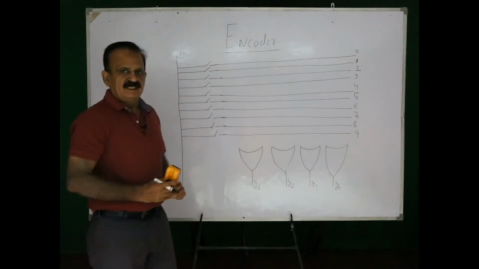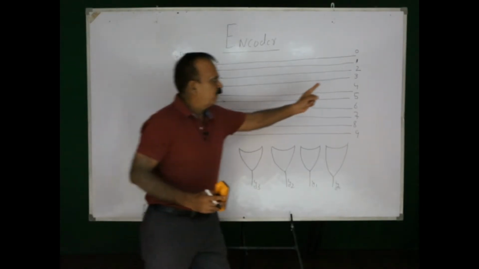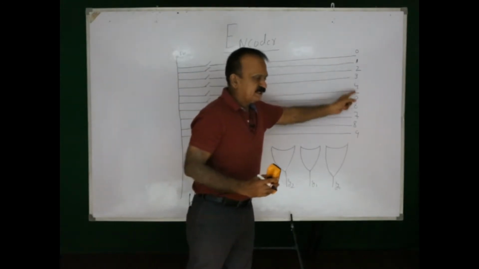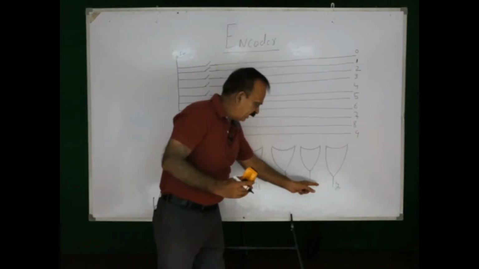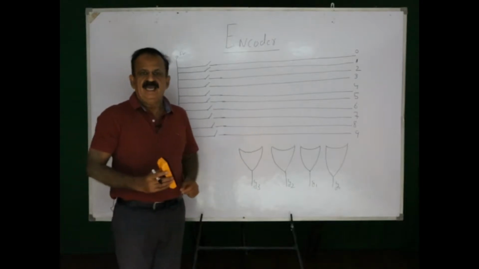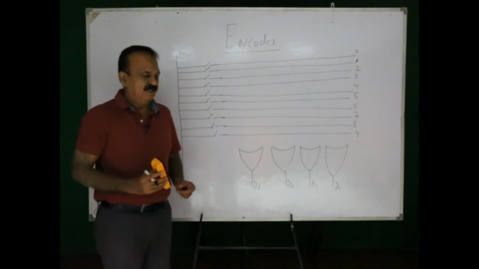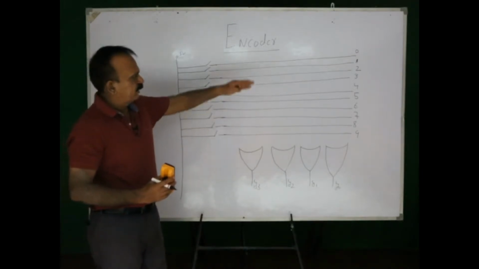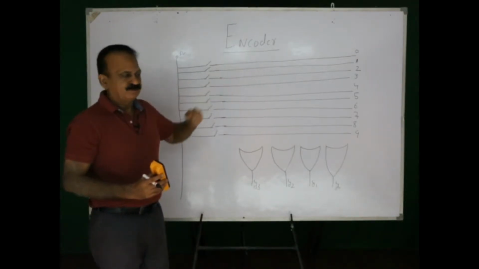This represents the binary number equivalent to these decimal numbers. These are the decimal digits, and the binary equivalent will be represented as the output of these OR gates. Now how will these OR gates be connected to the horizontal wires?